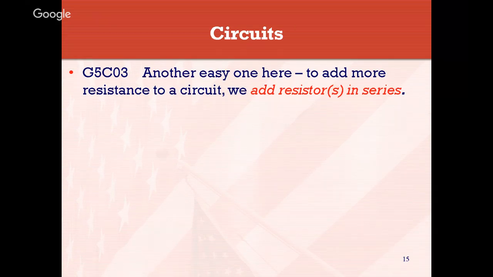Let's say, for instance, you had a 450 ohm, half watt resistor that got burnt out in a circuit. Well, you don't have a 450 ohm resistor. However, you do have maybe a 200 ohm resistor and maybe a 250 ohm resistor. You can put those two in series as long as they're still half watt resistors, to come up with 450 ohms.